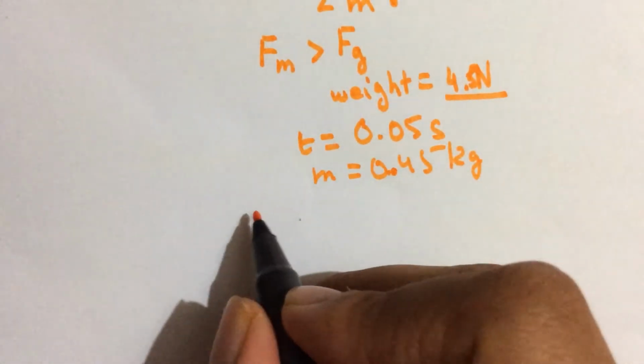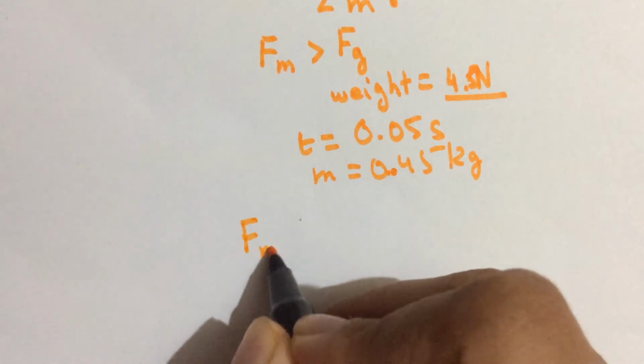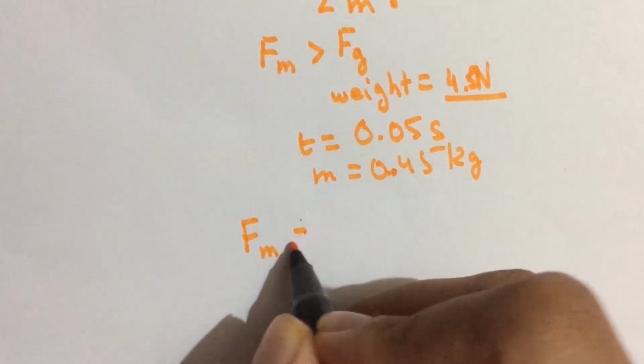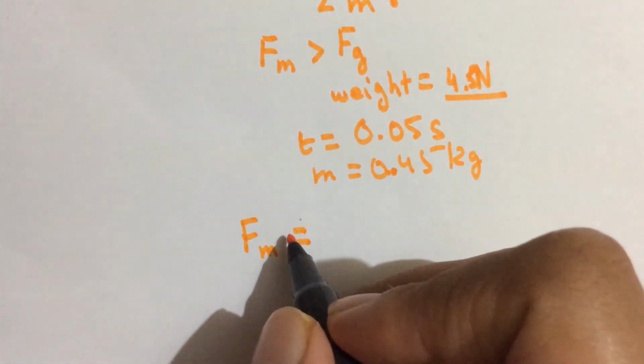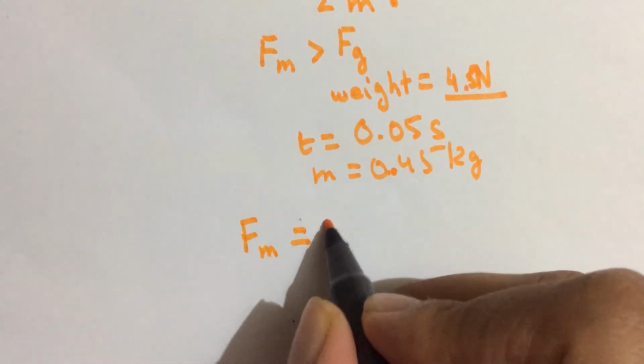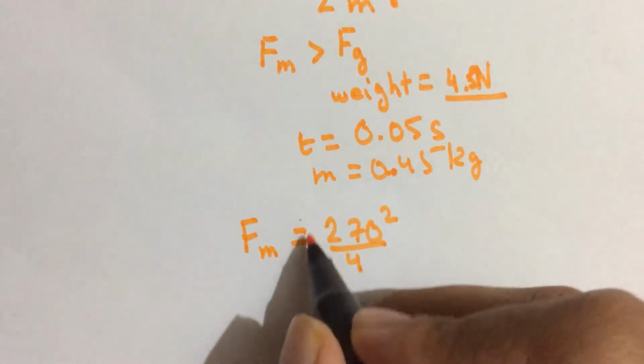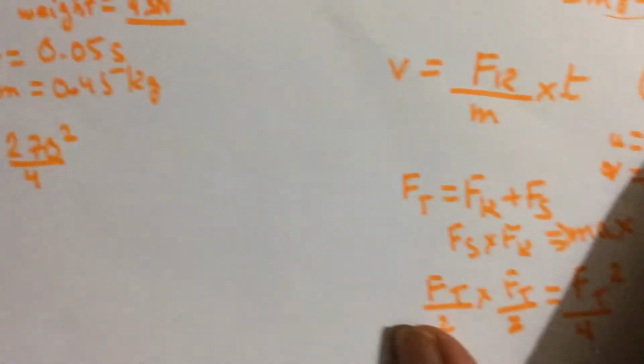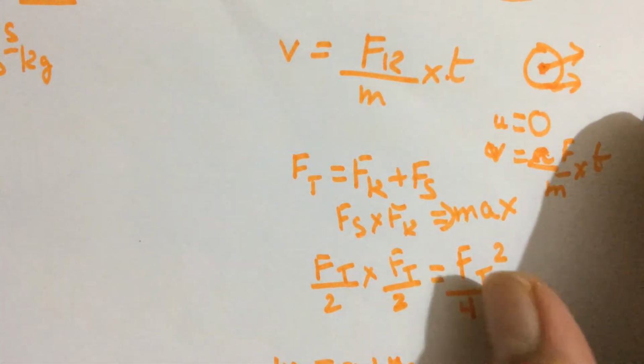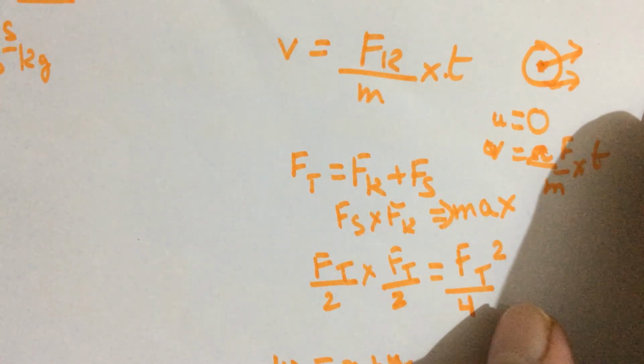Now we can say that Fm is equal to 270 square by 4. 270 square is the same as Ft square by 4; I just plugged in Ft square by 4.